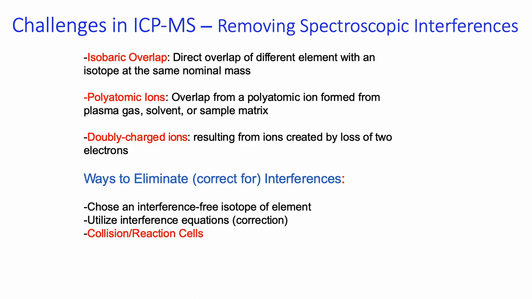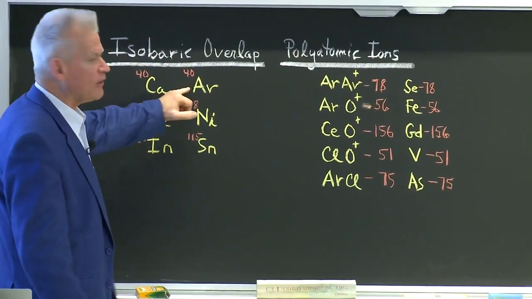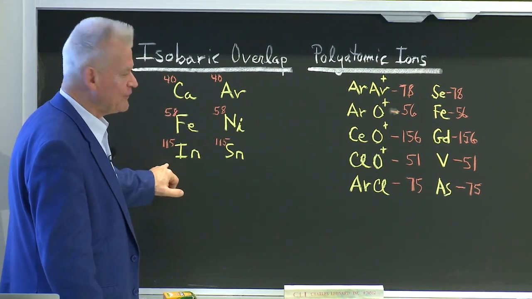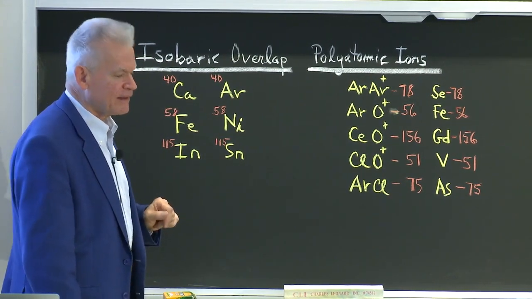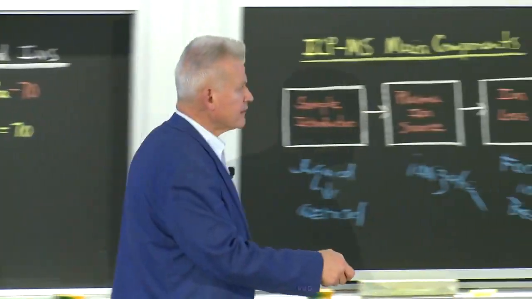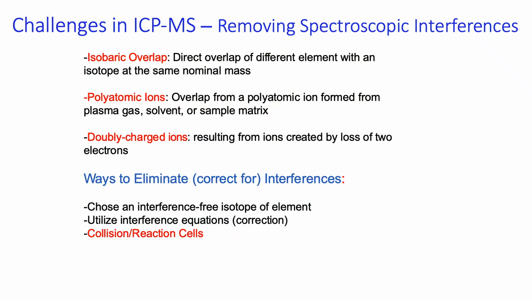These are isobaric overlaps: calcium 40 and argon 40, iron 58 and nickel 58, indium 115 and tin 115. Isobaric overlaps are pretty easy to take care of because we can choose an interference-free isotope of the element. That means that every one of these elements has at least one isotope that doesn't overlap. So with the ICP-MS, we can key in on that isotope and measure just that isotope, and we're good.